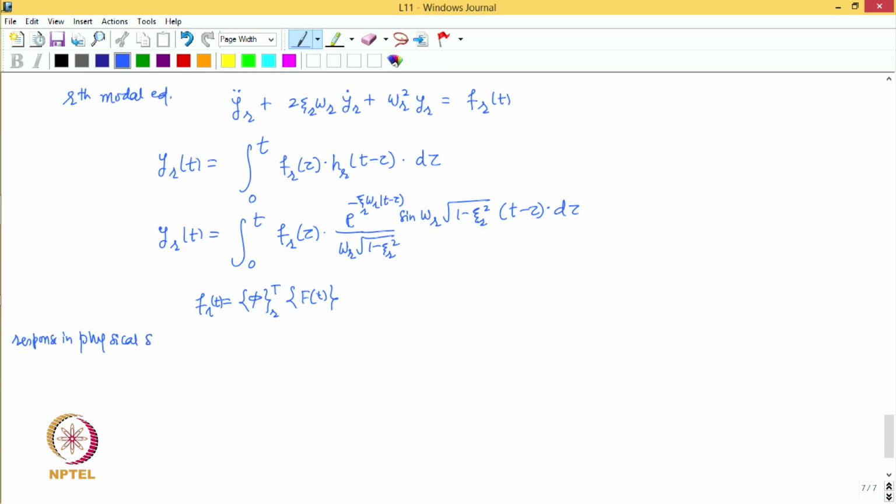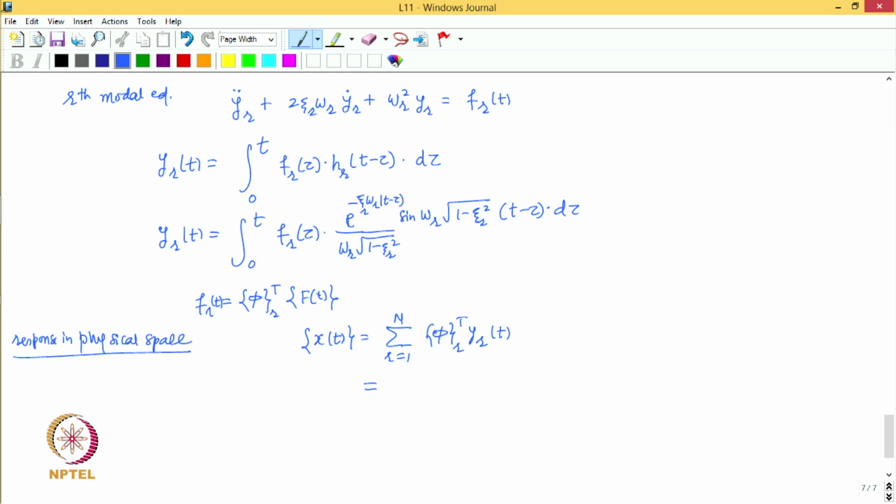The response in physical space we can find as x of t, right, is equal to summation of phi r into y r t, with r varying from 1 to the number of modes of the system n, is it not.